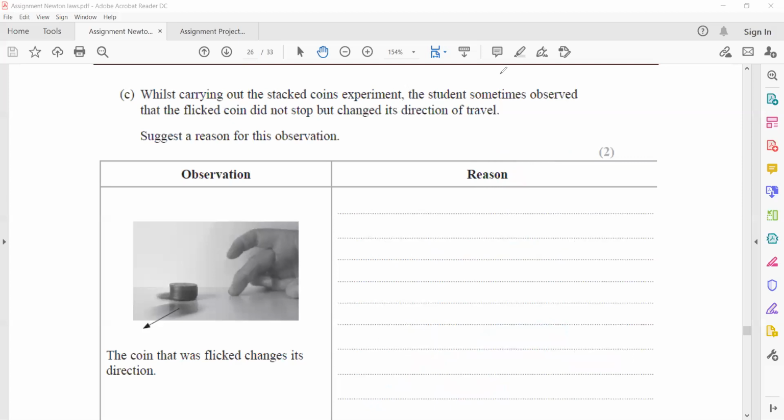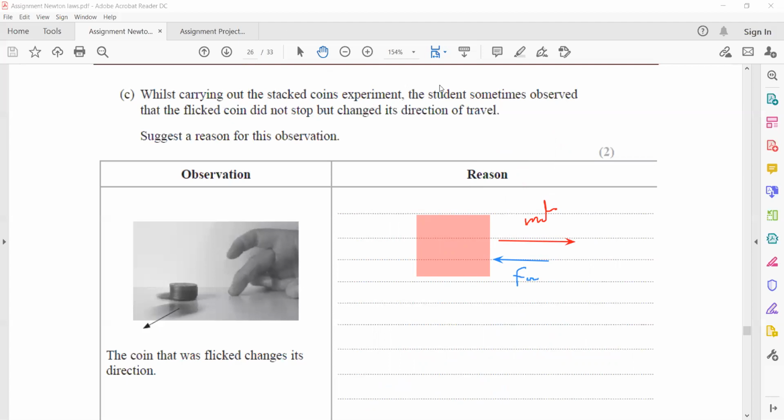Same thing, if you have a box moving towards the right, that's the direction of the motion. If I apply a force in the opposite direction, then the object will slow down or stop.